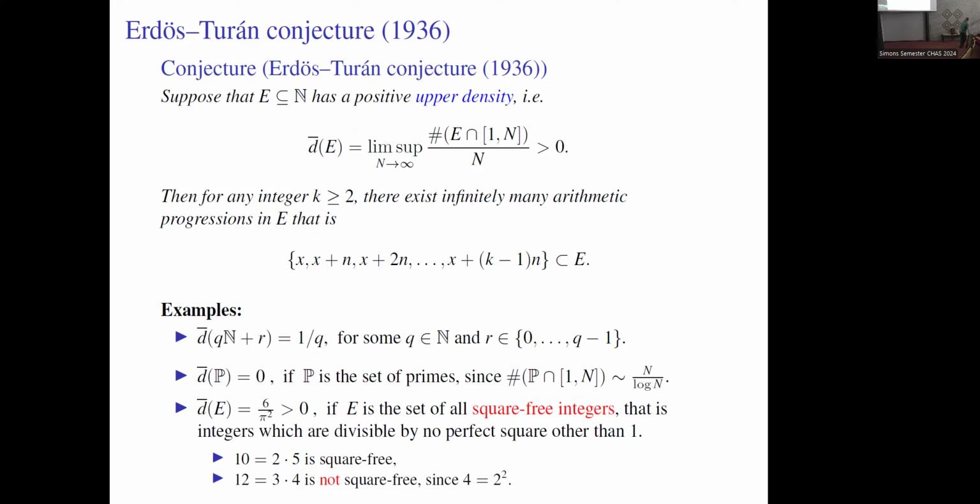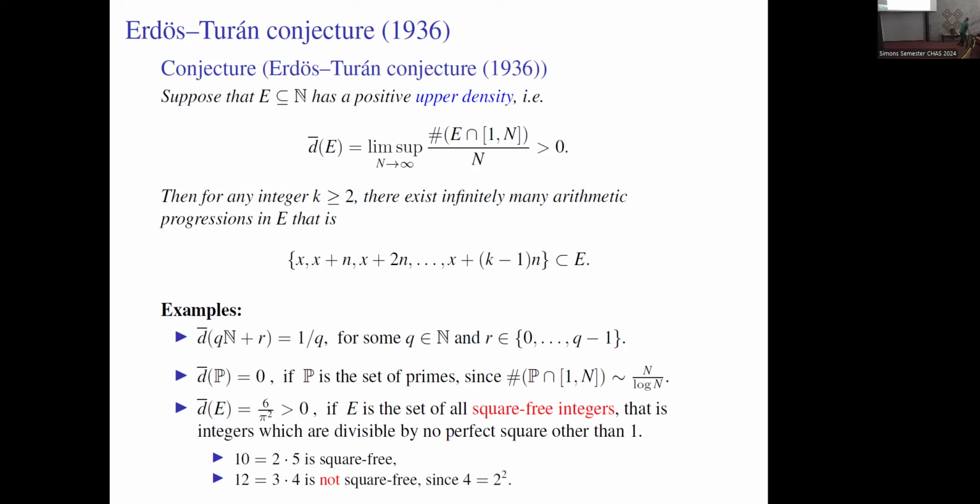Then the conjecture states that for every integer k, there exist infinitely many arithmetic progressions of length k inside the set in question, E. So which means that we can find in this set configurations of this form. In other words, there are infinitely many arbitrarily long arithmetic progressions inside this set. This is what this audacious conjecture of Erdős and Turán states.